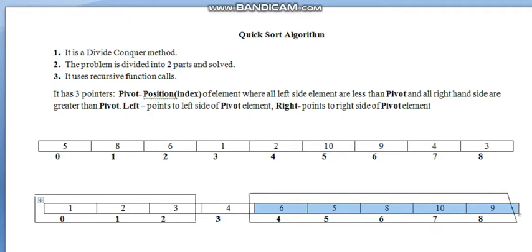Your list is again divided into sublists until it gets sorted. After the second or third iteration, or maybe the nth iteration, we will get a sorted list. That is how the quicksort algorithm works. We will see in detail how it is done with the program.